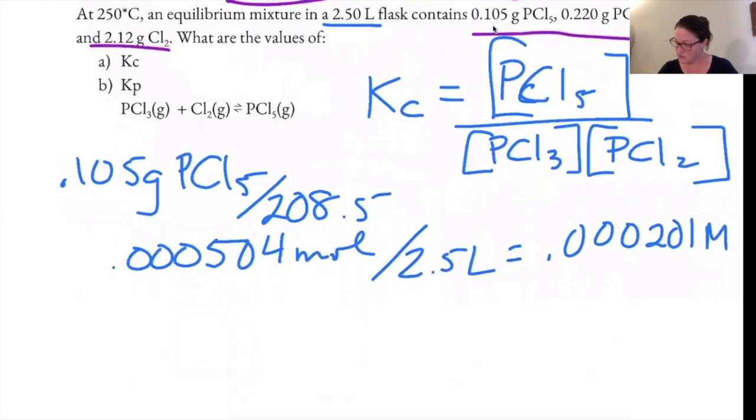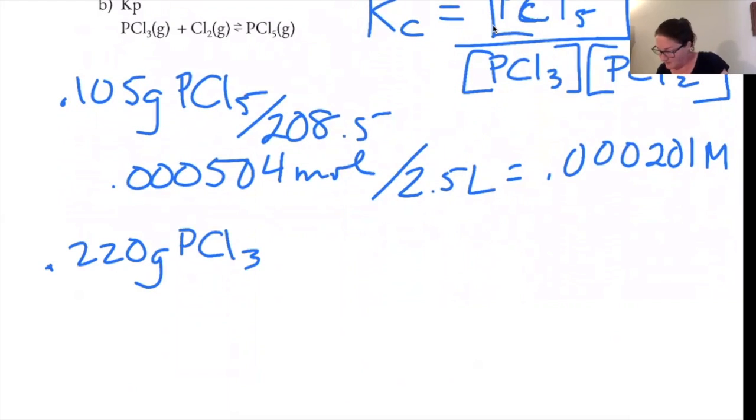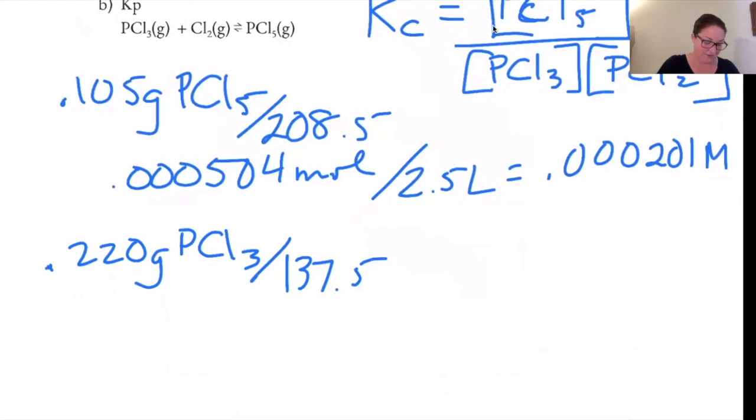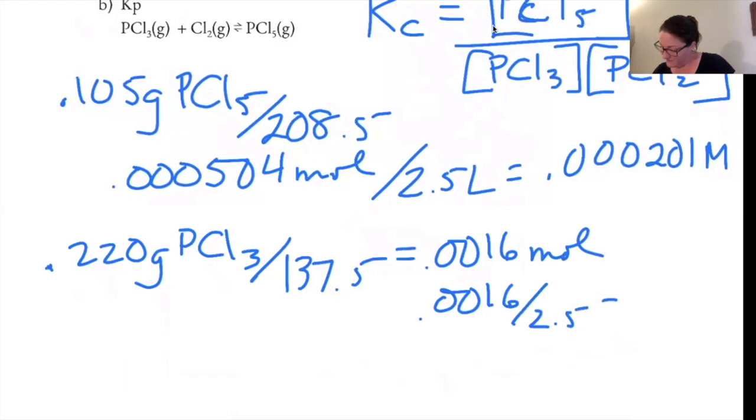I need to do this for each one, for PCl3 and Cl2 as well. We have 0.220 grams of PCl3. It has a molecular weight of 137.5. 0.220 divided by 137.5 gives me 0.0016 moles. And then 0.0016 divided by 2.5 liters, 0.00064 molar.